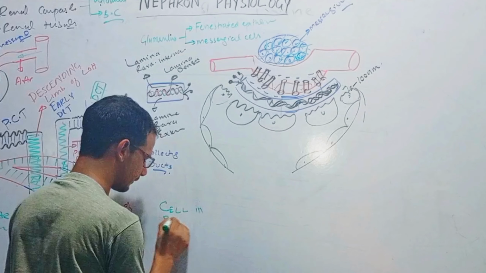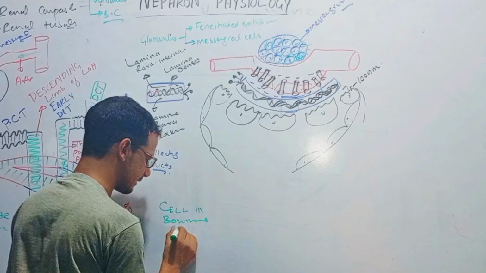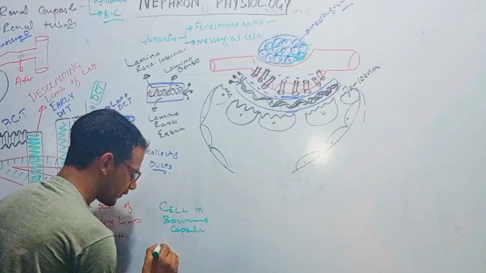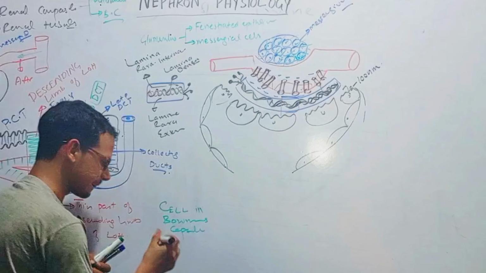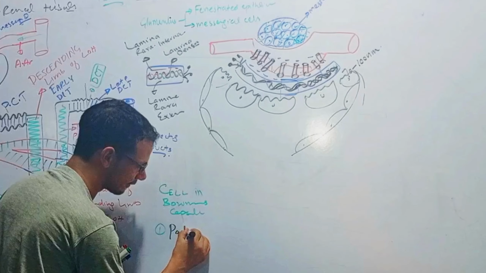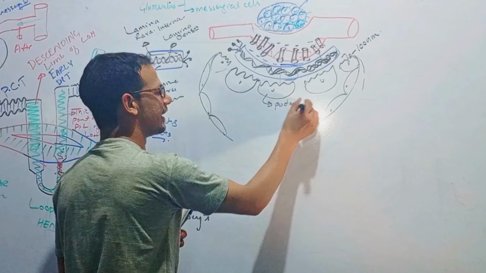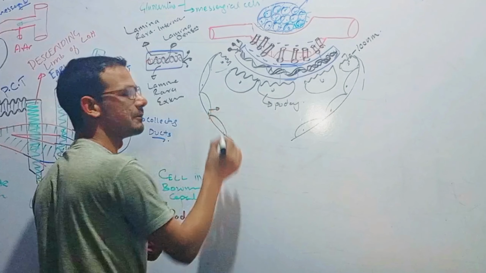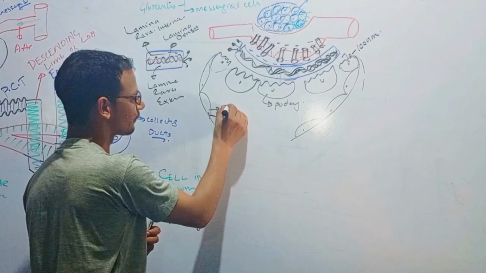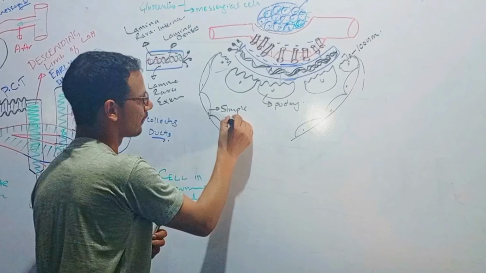So the next cell types are of Bowman's capsule. First one is podocytes. These cells are called podocytes, and these cells are simple epithelium. This layer is called the visceral layer, and this layer is called parietal layer.